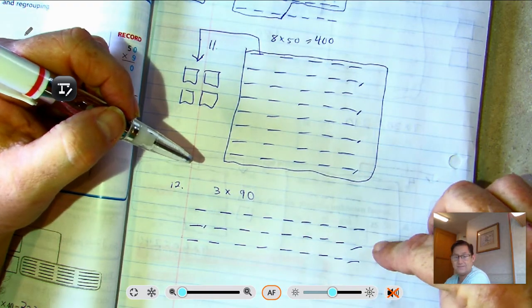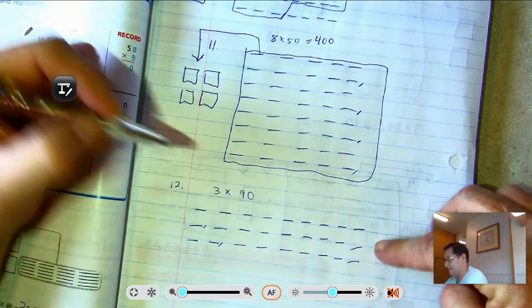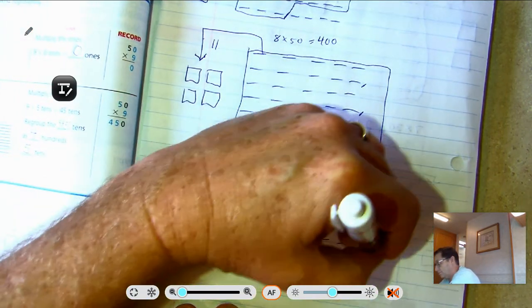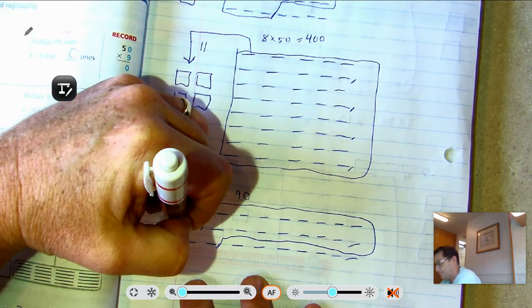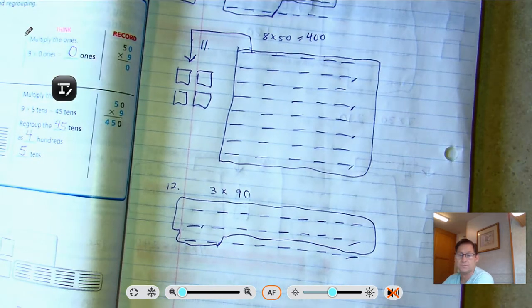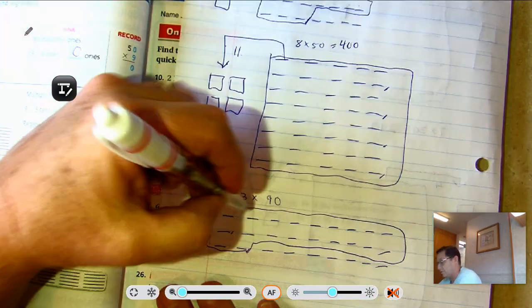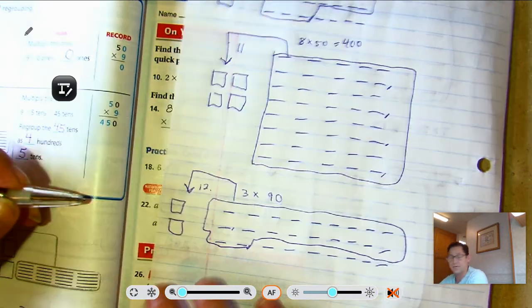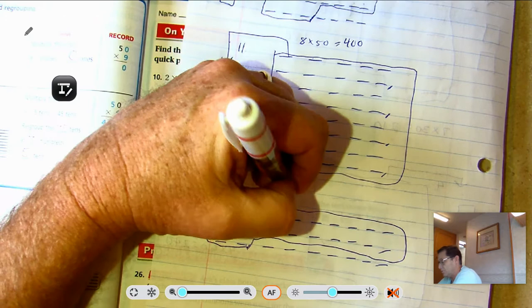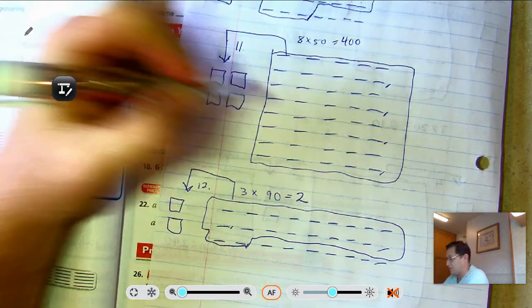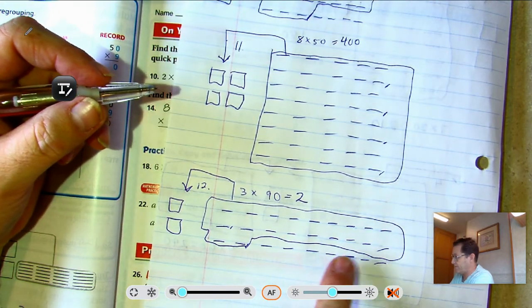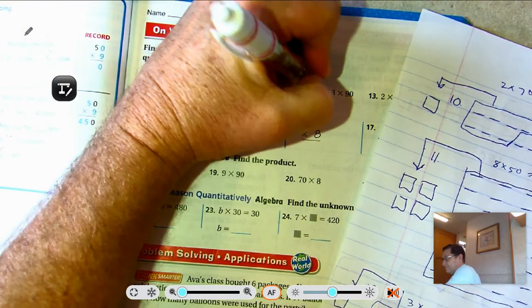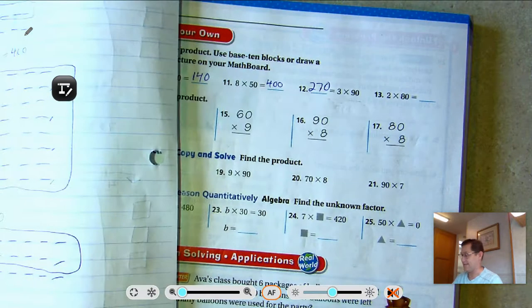That means there's 8 left here, 8, 9, 10. Okay, so I can circle the first 2 rows and 2 in the last row. 18, 19, 20. So I'm going to trade 20 tens for 2 hundreds. So 3 times 90 is 200, 10, 20, 30, 40, 50, 60, 70. 270. And 2 times 80.